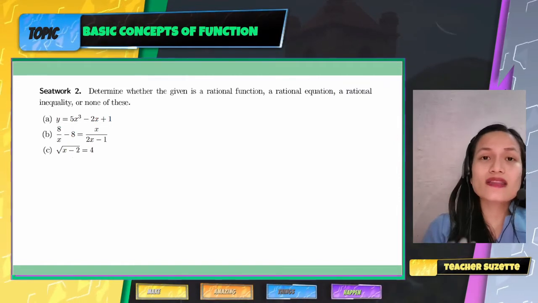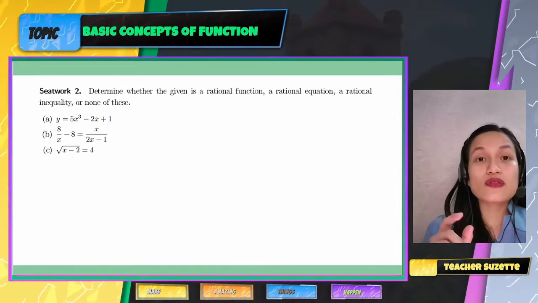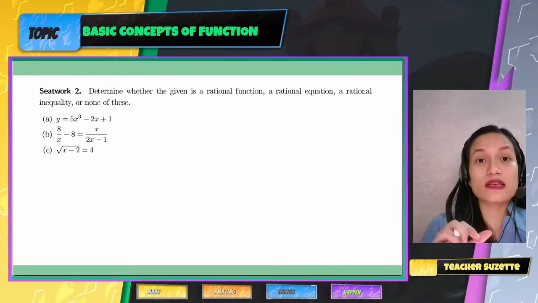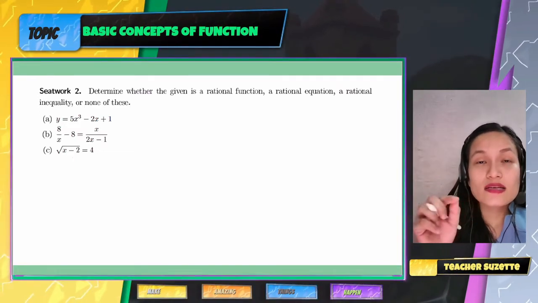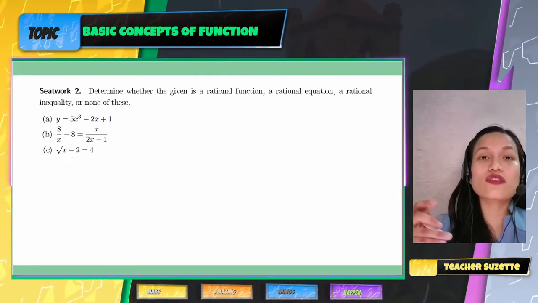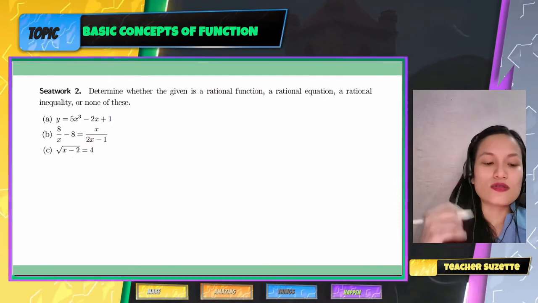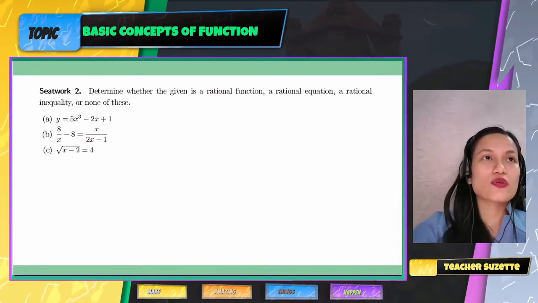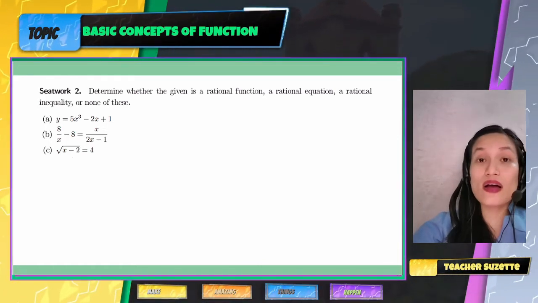While in inequality, this is easy. Why? Because aside from all expressions being rational, its symbol should be a sign of inequality, like greater than, less than, greater than or equal to, or less than or equal to. So, let's have our 3 examples, A, B, and C. You have y is equal to 5x cubed minus 2x plus 1.